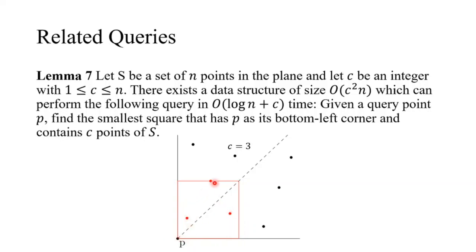So we can see that we can answer this query just by finding the C lowest points of this cone over here and finding the C leftmost points of this cone over here, and then combining those two sets, and among those two C points, just finding the C points which are closest to P according to the infinity norm distance.